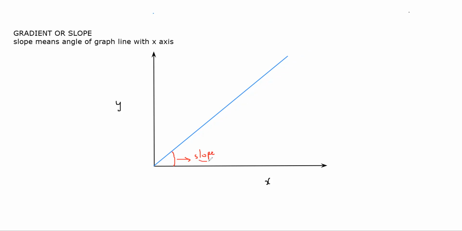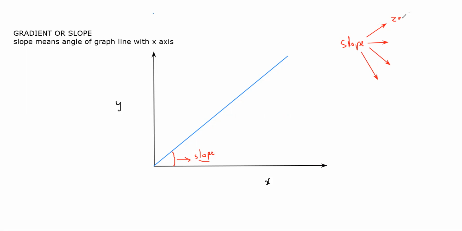Now, because the slope of a graph may be zero, what are the possibilities? Slope might be zero, slope might be constant, slope might be increasing, or slope might be decreasing. These are the only possibilities.